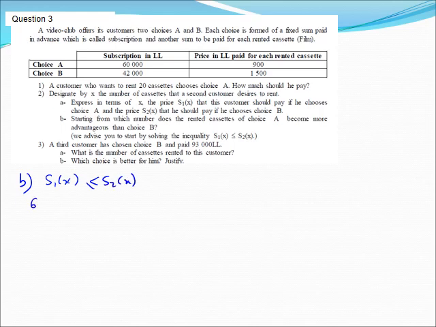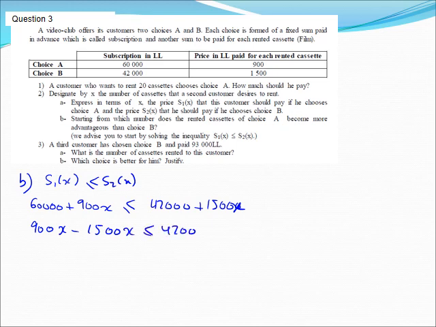P1 of x is 60,000 plus 900x less than or equal to 42,000 plus 1,500x. To solve it, 900x minus 1,500x less than or equal to 42,000 minus 60,000. So x greater than or equal to 30 cassettes.